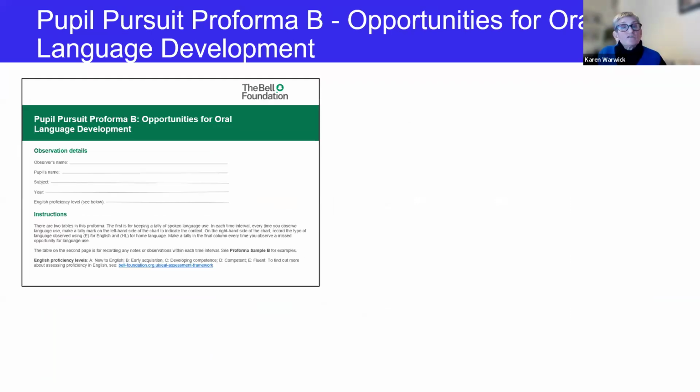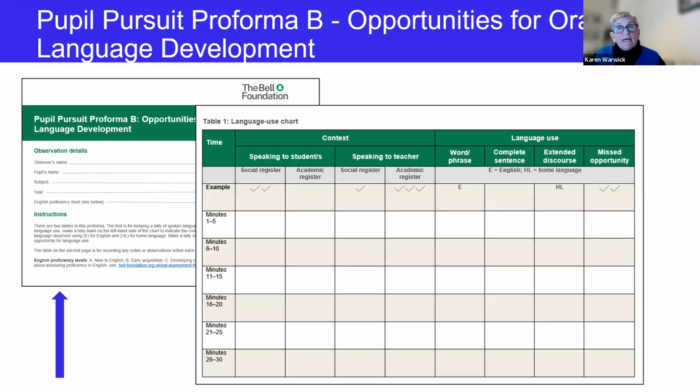which provides opportunities to observe spoken or oral language development. And as I said, the initial format of this proforma is the same, with space to put information in and brief instructions for you to follow. We have a table 1, which is titled Language Use Chart.